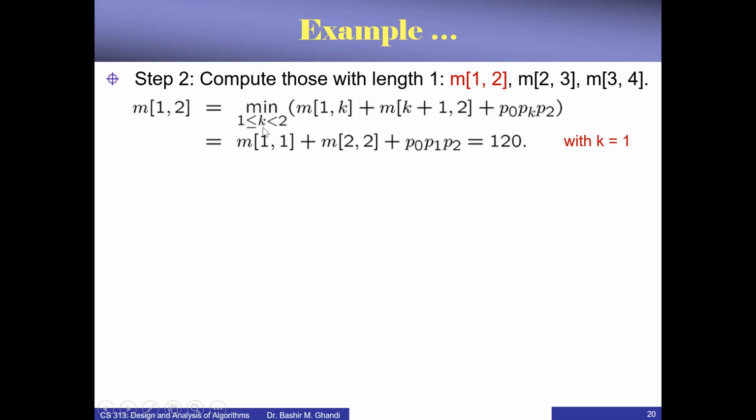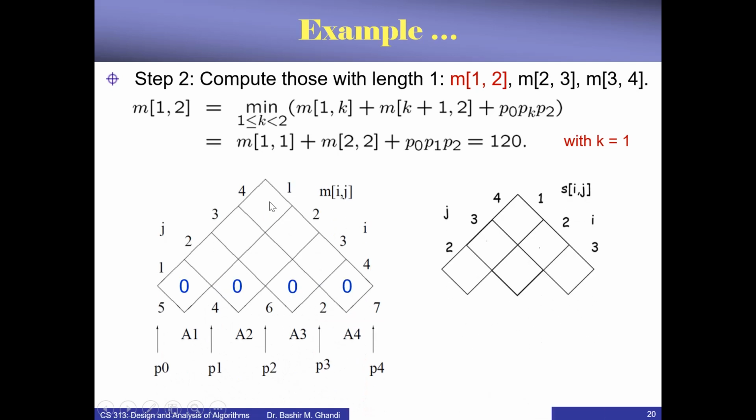So actually, as we said, there is only one possible value for k, and that is 1. So there is only one value in this set, and it is M11 plus M22 plus P0 times P1 times P2. Well, M11 we already computed. It is 0. And so also M22 is 0. So just read the values from the table and they're going to be 0.